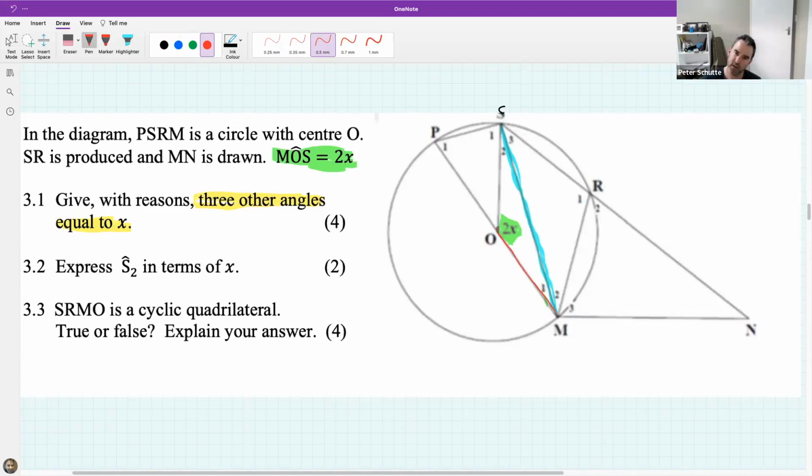There is my angle at the center. Now that same blue chord can also make an angle at the circumference. So what do we think is the first angle equal to X? And what is the reason for that?